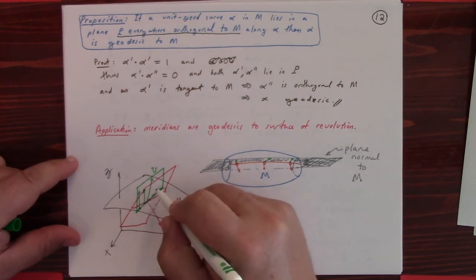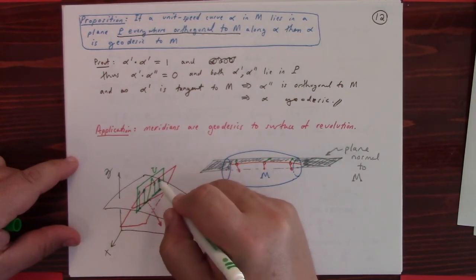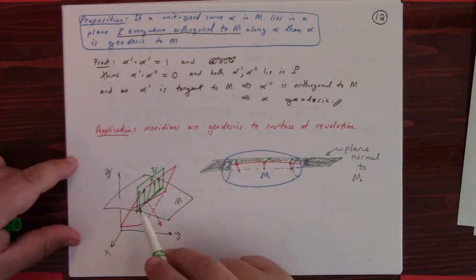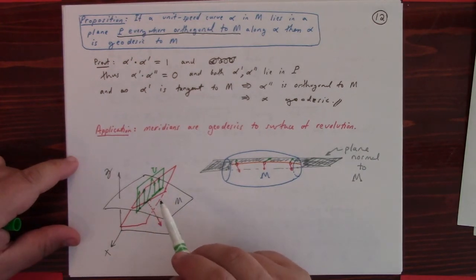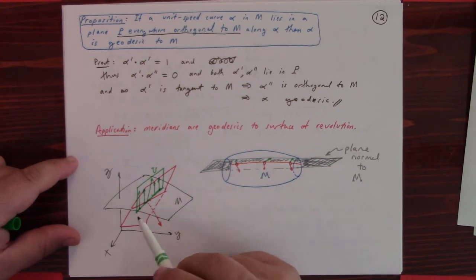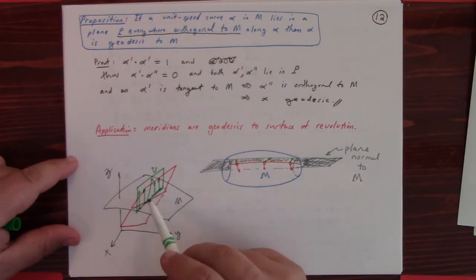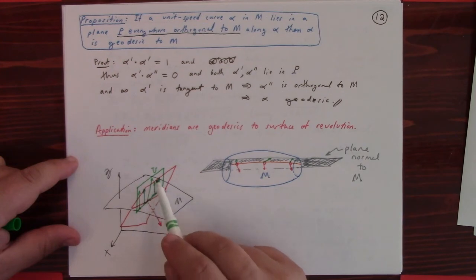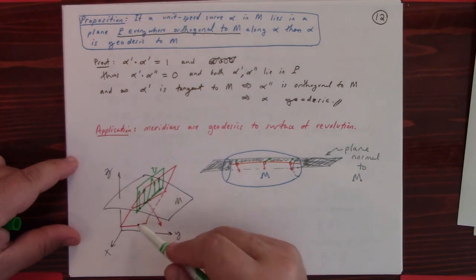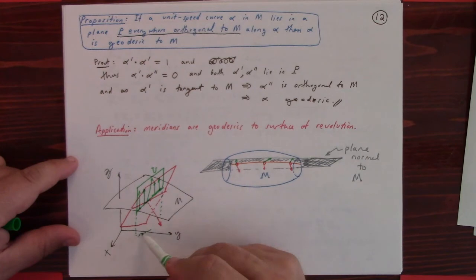So if this plane is perpendicular to M along its curve of intersection, then the unit normals to the surface M should be tangent. They should lie on the plane, if it's the right kind of plane, I believe.